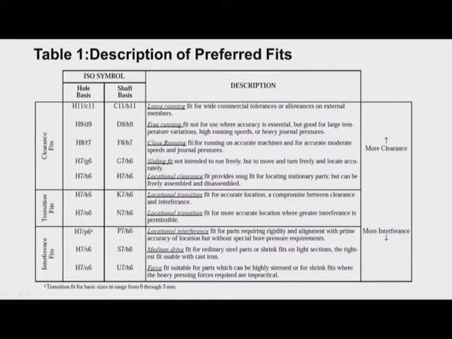So depending upon the type of fit, whether we want clearance fit, transition fit or interference fit, we can select the appropriate combinations, and these combinations are the preferred fits. And these combinations H11, C11 give more clearance, and H7, U6, U7, H6 give more interference.